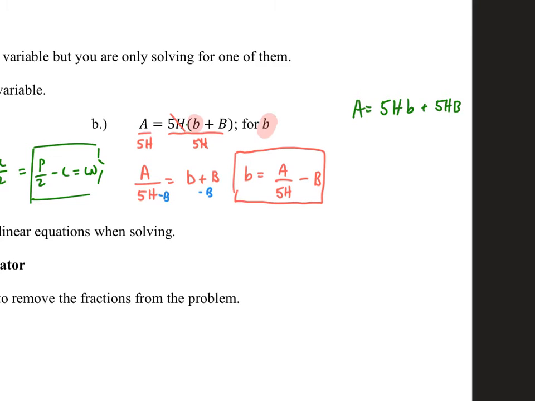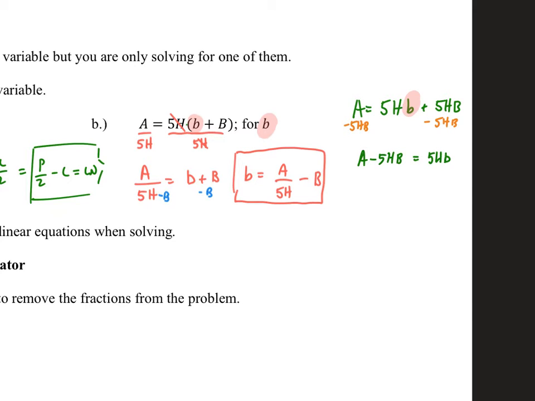And then I want to isolate little b. So I'm trying to get this thing by itself. And so like last time, I want to get rid of any subtraction addition first. So I'm going to get rid of this 5hB by moving it to the other side of the equation, not twice on the same side. So then I have a minus 5hB equals 5h little b.